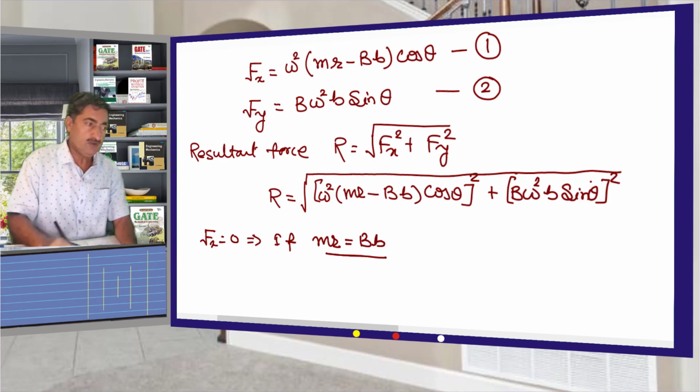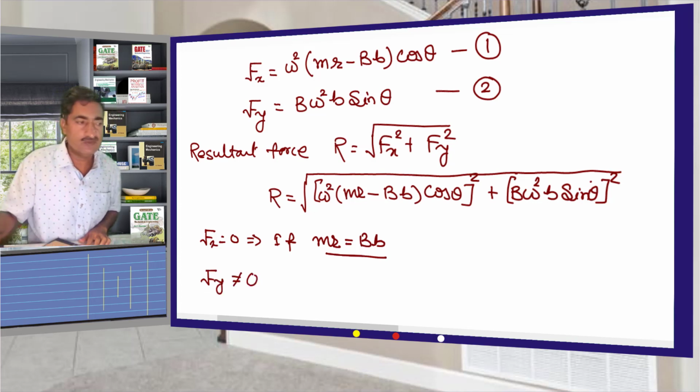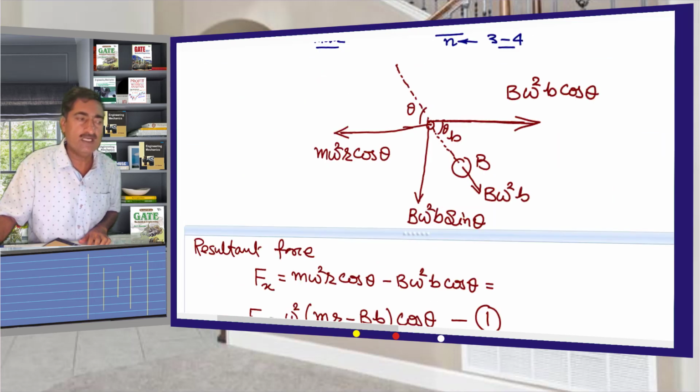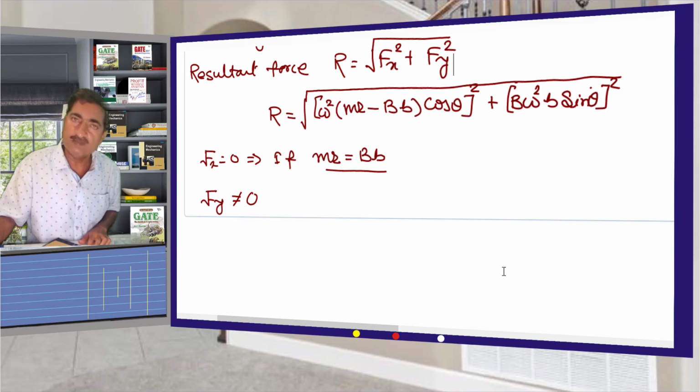But Fy can never be 0. So it is called partial balancing. Fx, meaning the horizontal component, is balanced, but the vertical component cannot be balanced.